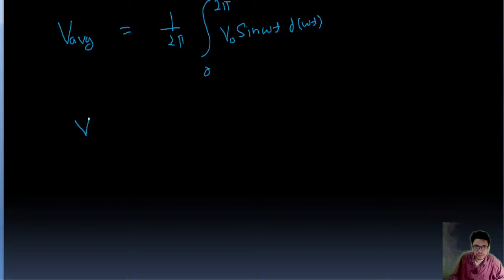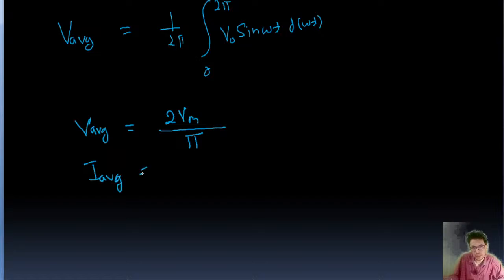V average value in this case for the full wave rectifier is going to be 2Vm upon pi. Similarly, I average value is going to be 2Im upon pi.